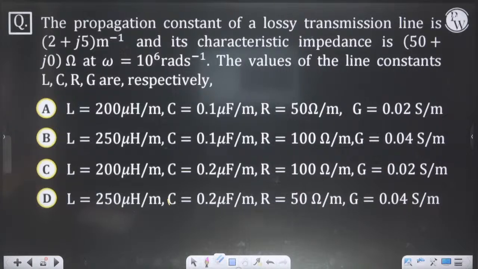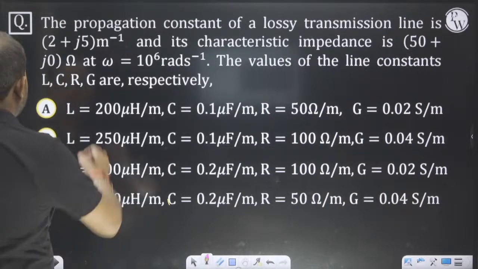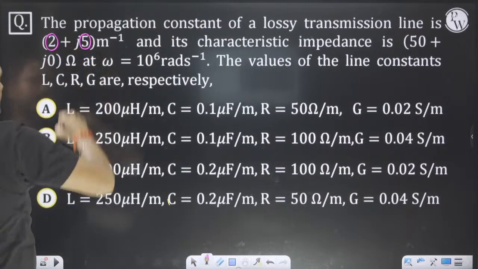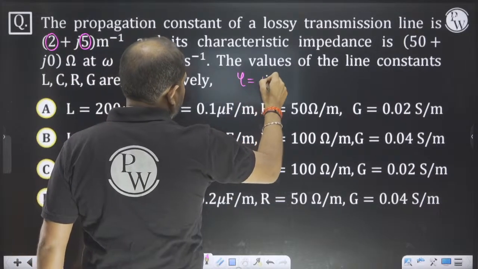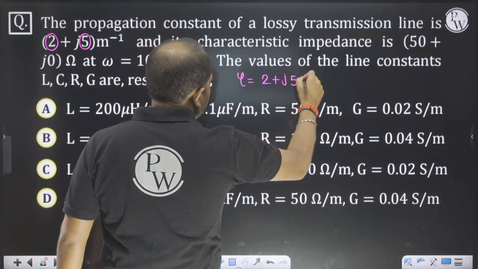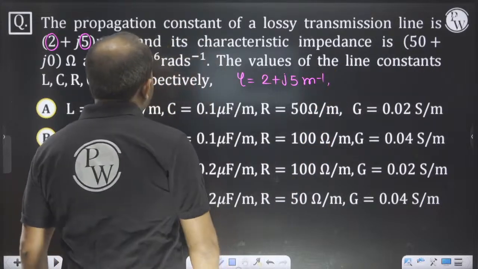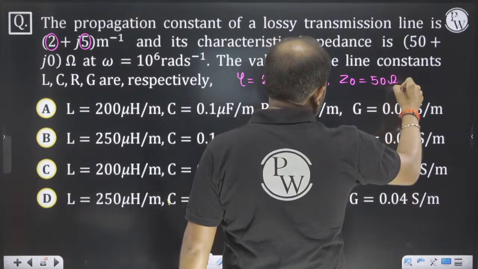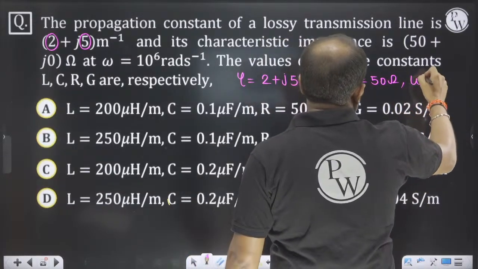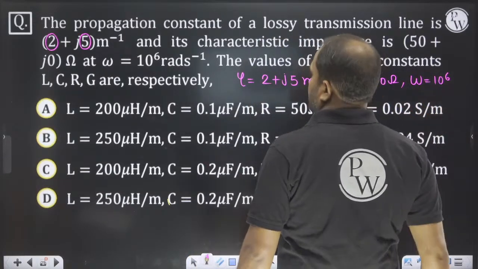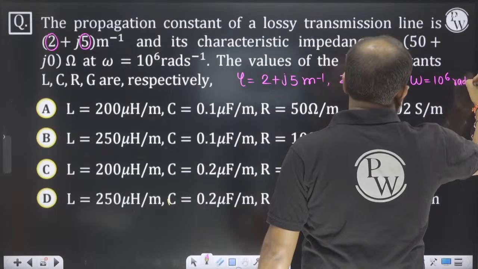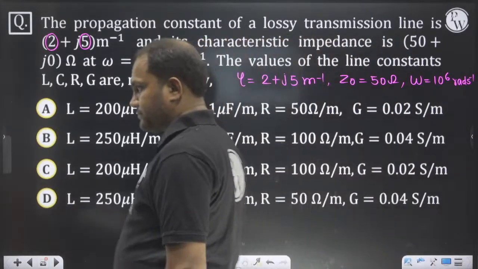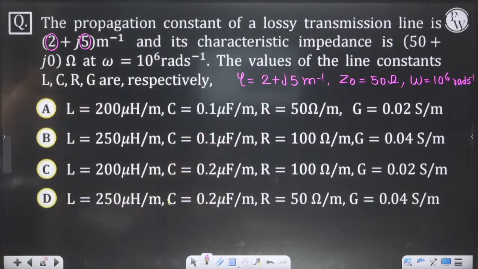They have given a lossy transmission line whose alpha is equal to 2, beta is equal to 5. That means gamma is given as 2 plus j5 per meter. Then Z0 is given as 50 ohm, and omega is given as 10 to the power 6 radian per second. Then they are asking for the RLGC values.